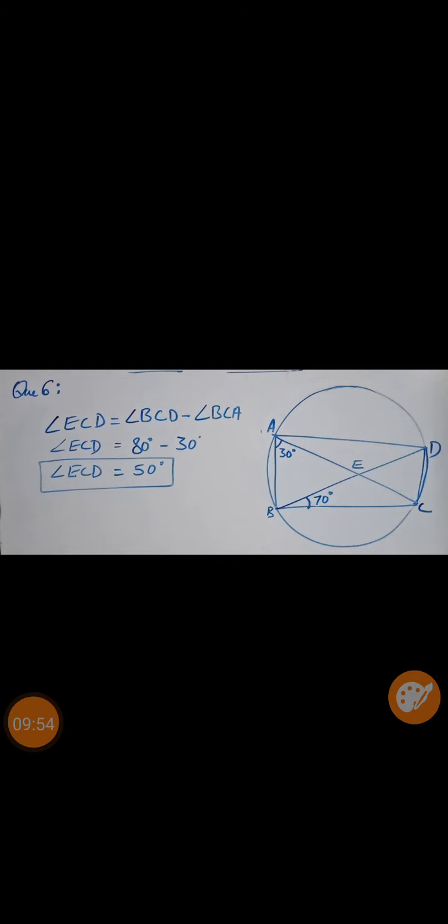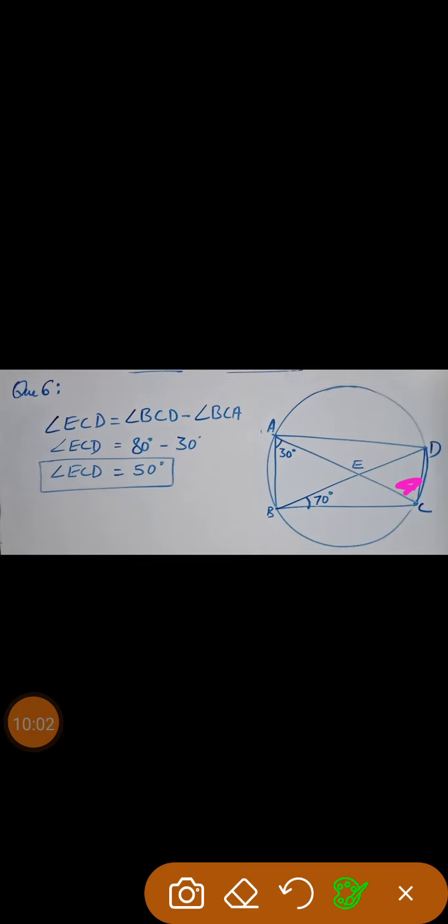Now see, we are going to find ECD. So angle ECD will be equal to what? This will be equal to angle BCD, from which if we subtract BCA, this angle, we will get the angle ECD.